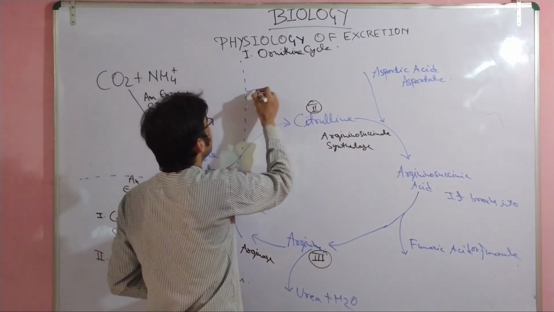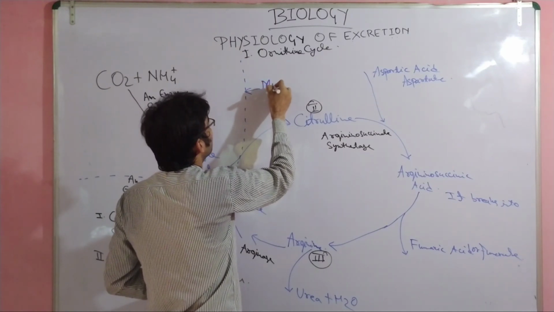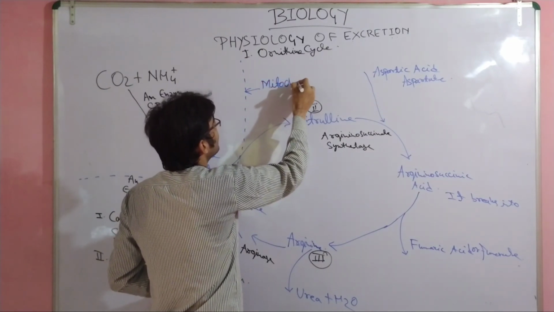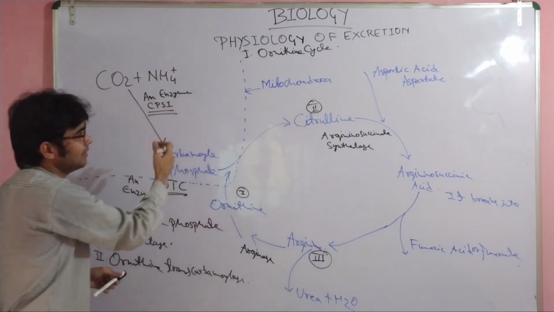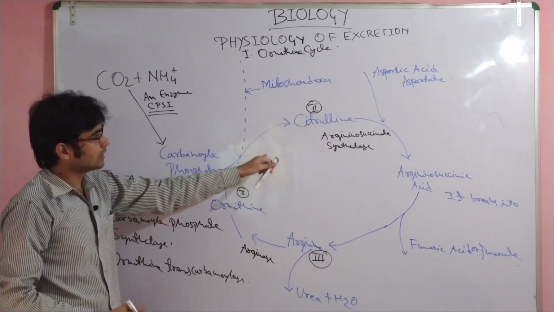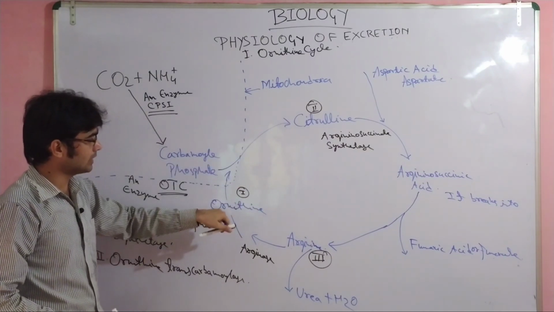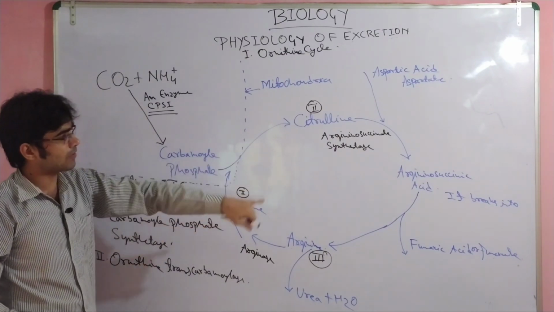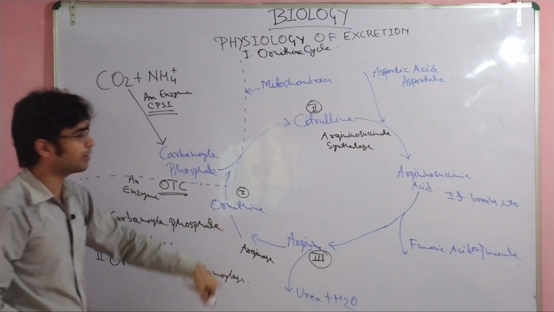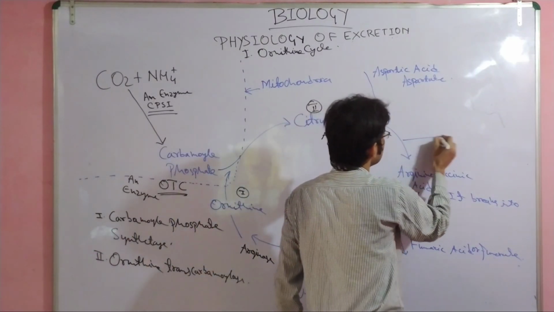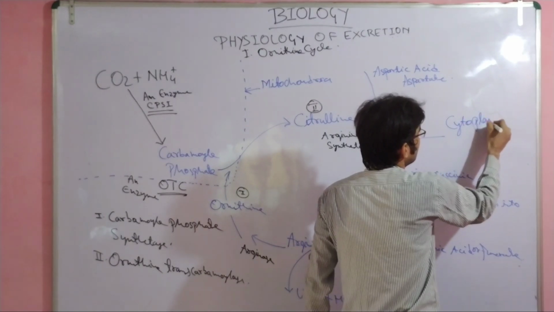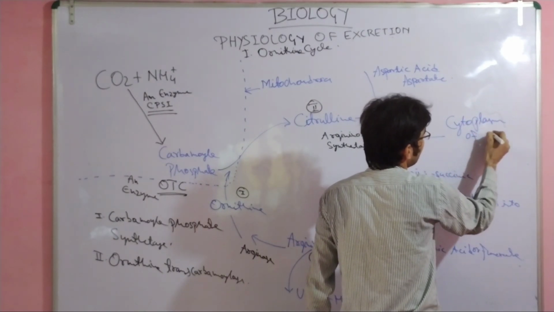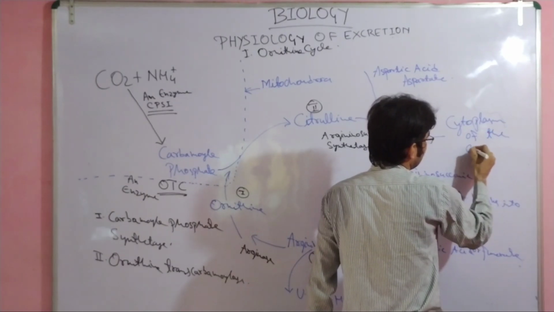This takes place in the mitochondria. This reaction, this side, and this reaction, the cyclic process where the amino acids are forming and transforming into another amino acid, takes place in the cytoplasm of the cell.